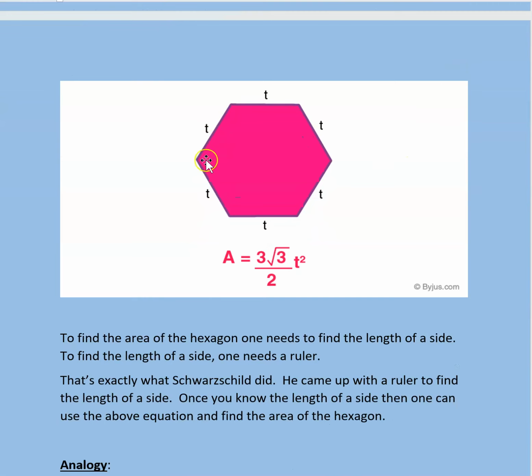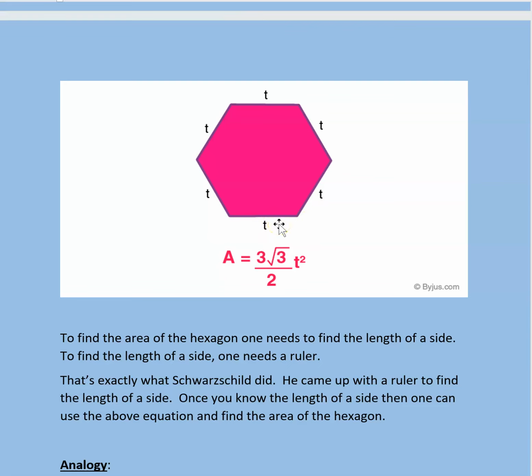Let's say there's a hexagon here. Now we need to find the area of the hexagon. So the whole world is looking for an equation for this hexagon, and then someone comes up with this equation. But there's a problem. You need to find t, the length of one side. So how to find t?